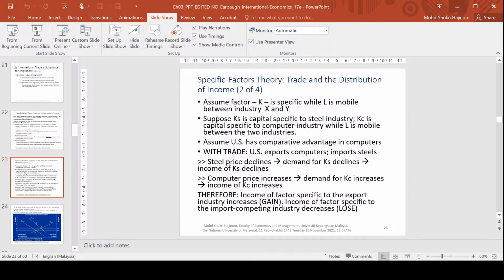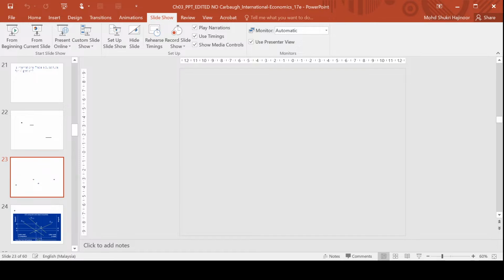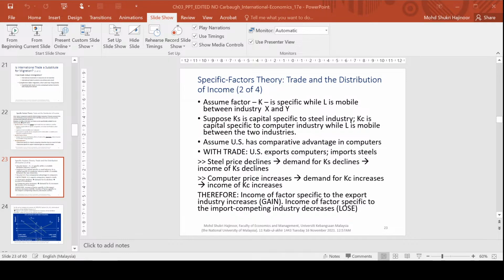Sharing again because it lost. So I hope you can see this, the slide. Tell me that if you don't see the slide. Yes, doctor. Thank you. Thank you.